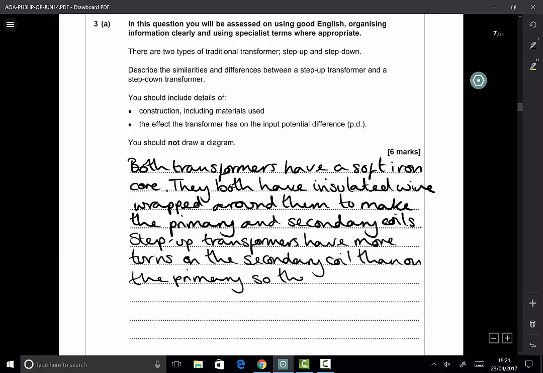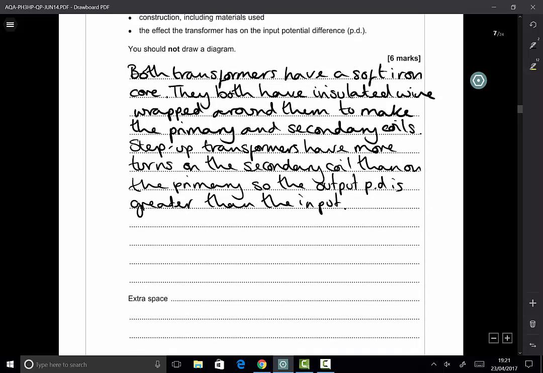So the output PD is greater than the input. And then the opposite's true for step down.